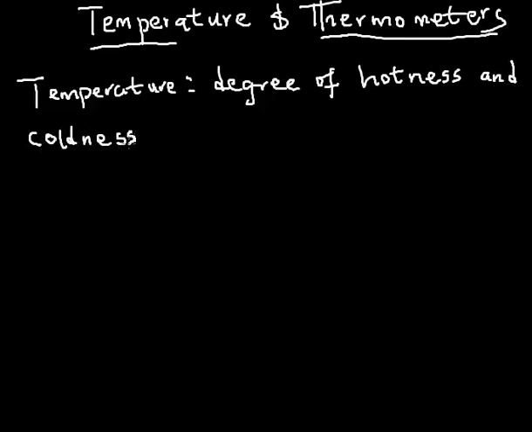Now I will simply say that this definition is correct to some extent, but it has some constraints. If you want to talk about the degree of hotness and coldness of a body, some conditions will make your measurement wrong, especially when you are using feeling.